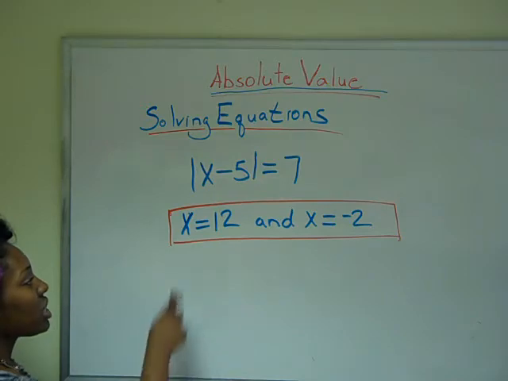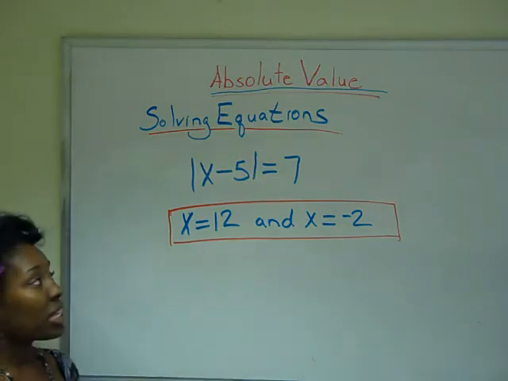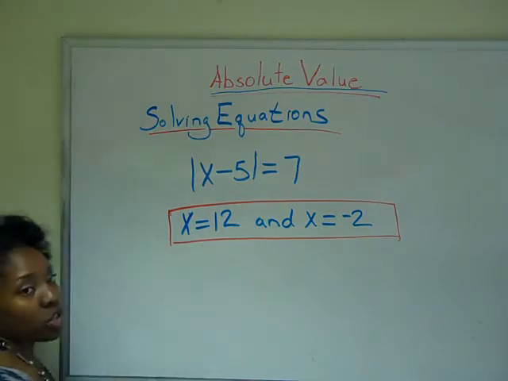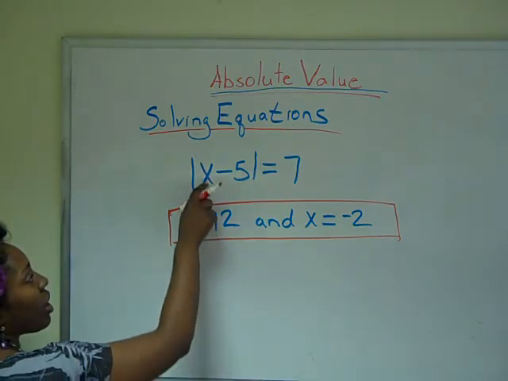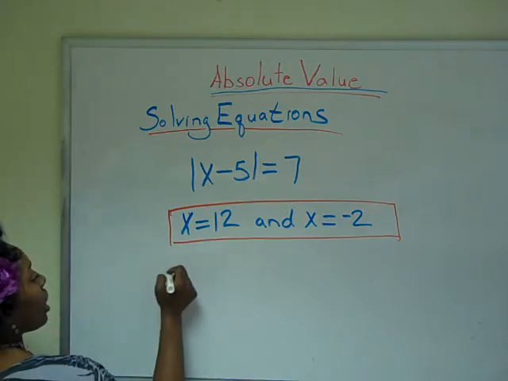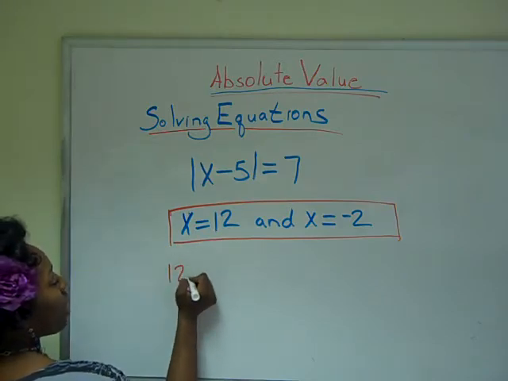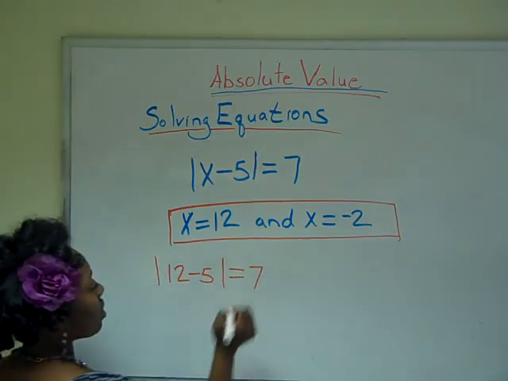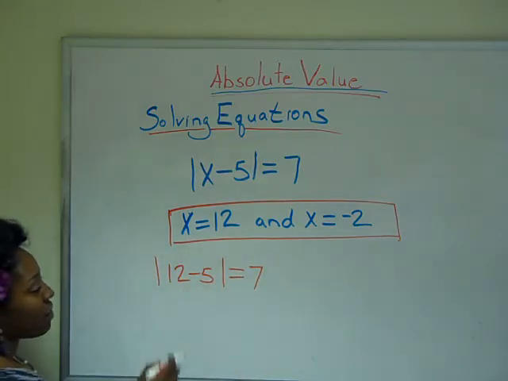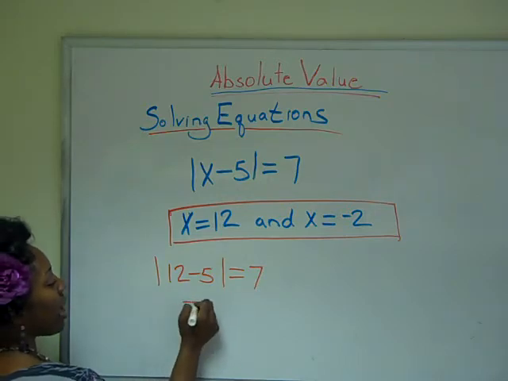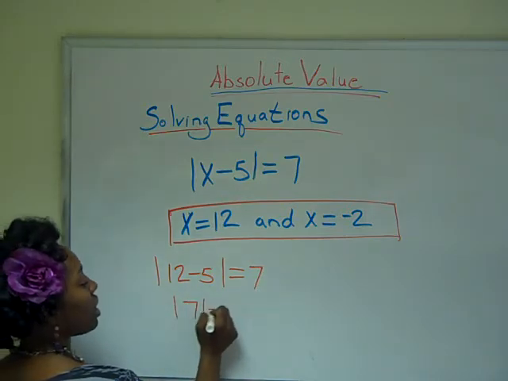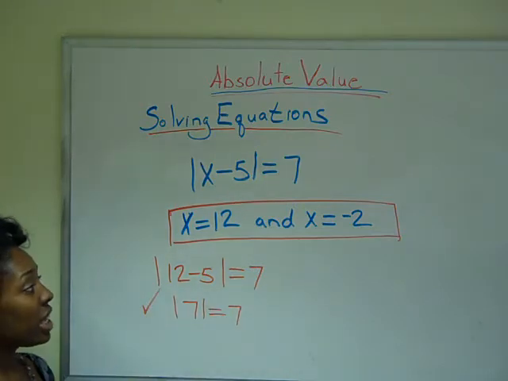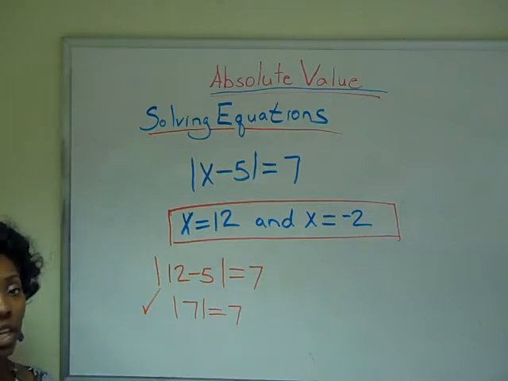Now we can check to see if our solutions are correct by substituting them in for x in our equation. First, we'll check for 12. When substituting 12 into our x, we get the absolute value of 12 minus 5 equals 7. 12 minus 5 is 7, so we have the absolute value of 7 equals 7, and that's true. Now, we'll check to see if x equals -2 works in our equation.